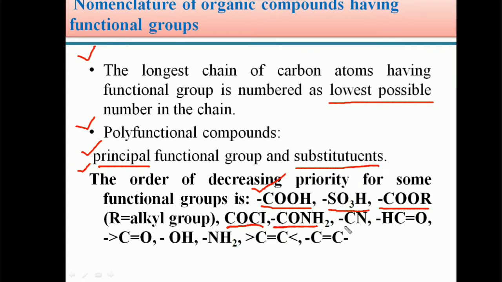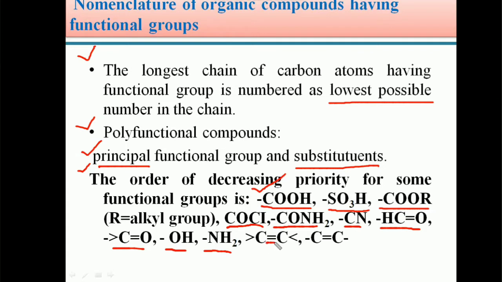Similarly, the next priority is the cyano group. Next priority, aldehyde, CHO. Next priority, ketone, C double bond O. Next priority, OH, the alcohol functional group. Later, NH2, the amino group. Next, C triple bond C.